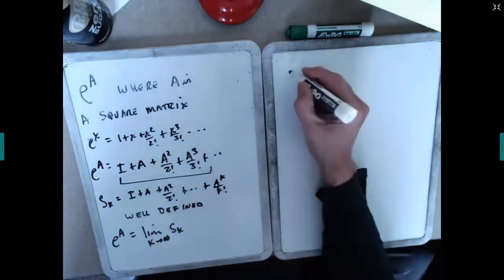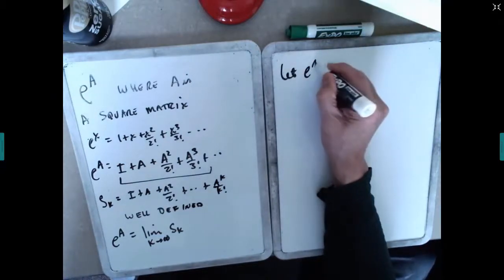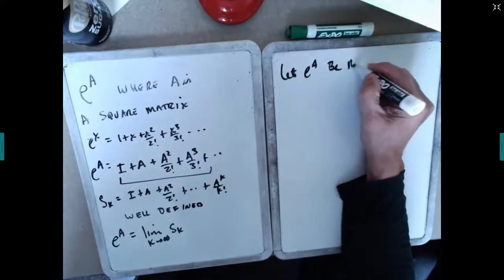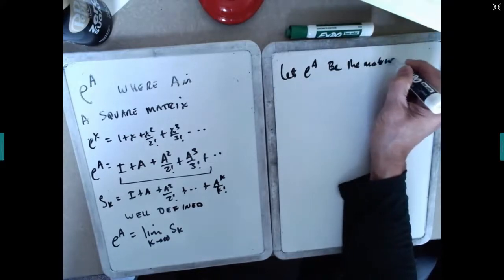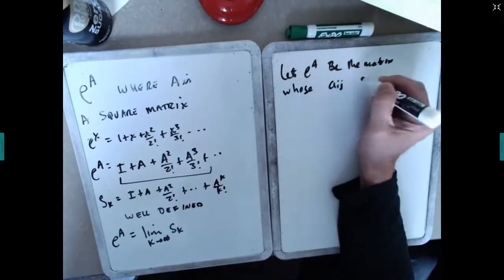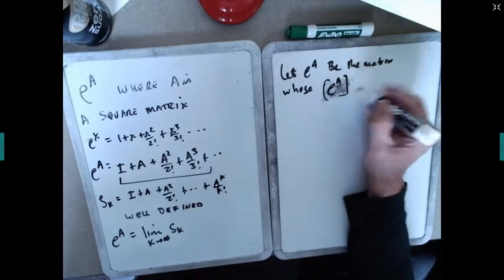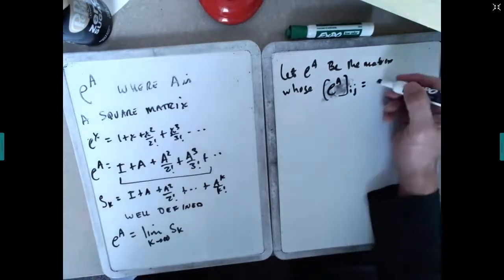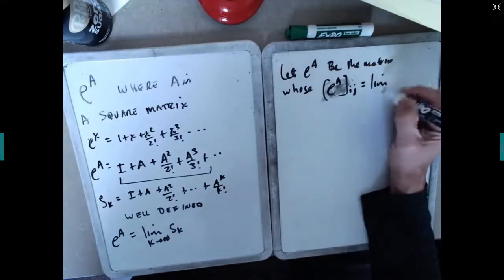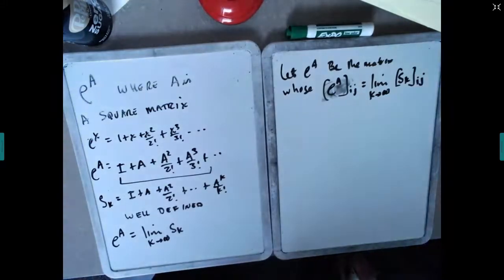Basically, what you'd be saying is let e to the A be the matrix whose ij-th entry is the limit as k goes to infinity of the ij entry of S_k.